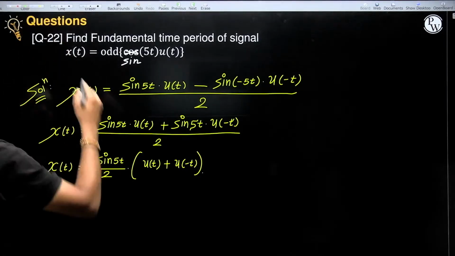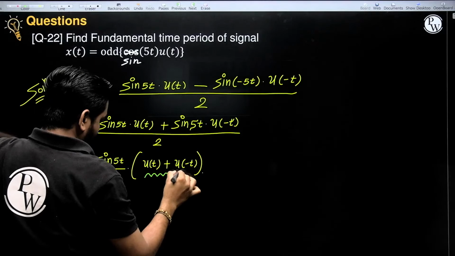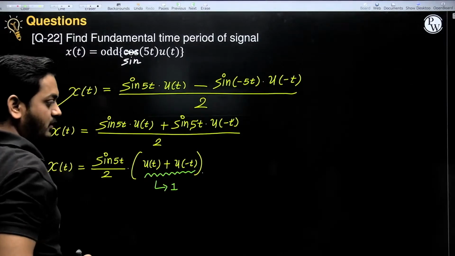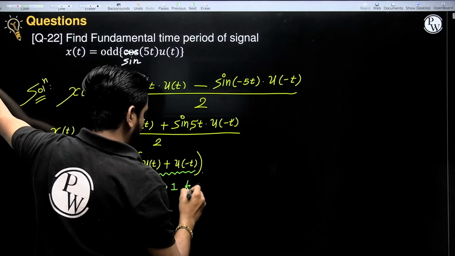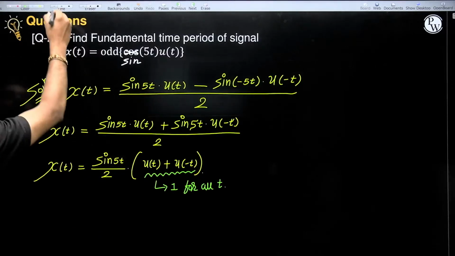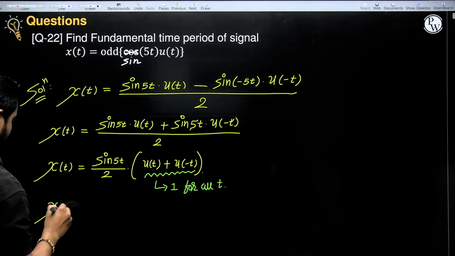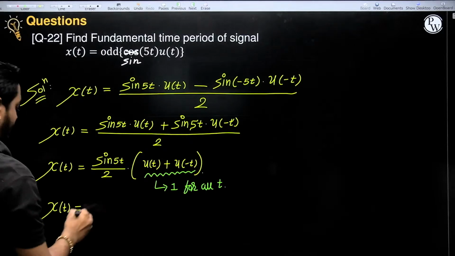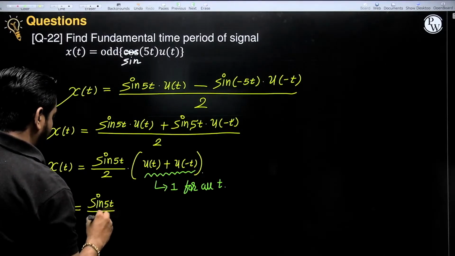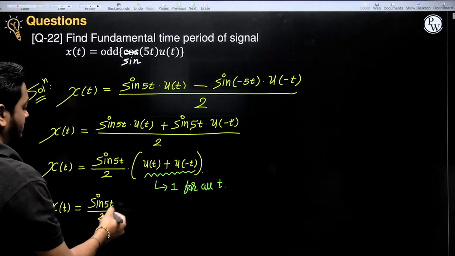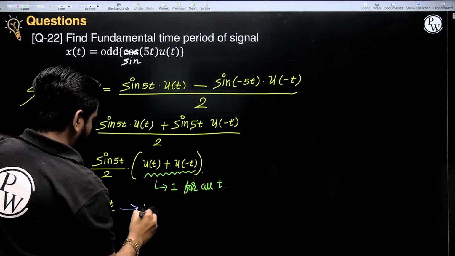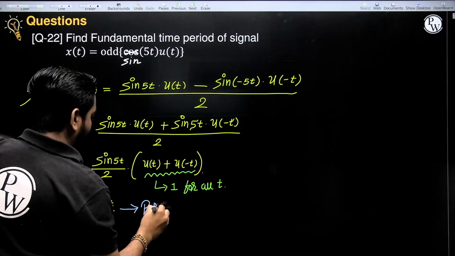Now this is 1 for all t. That's why this is sin 5t by 2, which is of course a periodic signal.